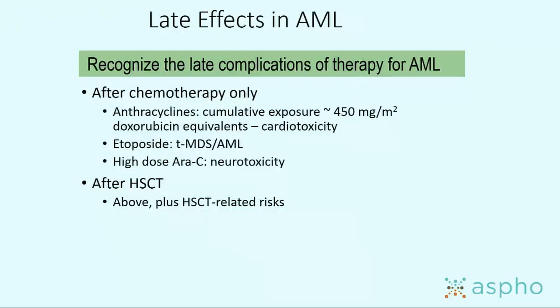Etoposide, as I've mentioned, is associated with therapy-related MDS/AML. Typically, it's the one that results in short latency and MLL or KMT2A rearrangements. And then high-dose Ara-C can cause long-term neurotoxicity. All right, after transplant, all of the above plus the transplant risks, which I won't go into.